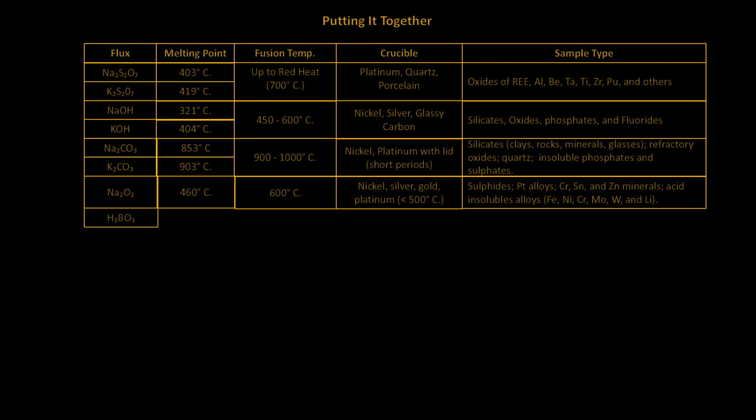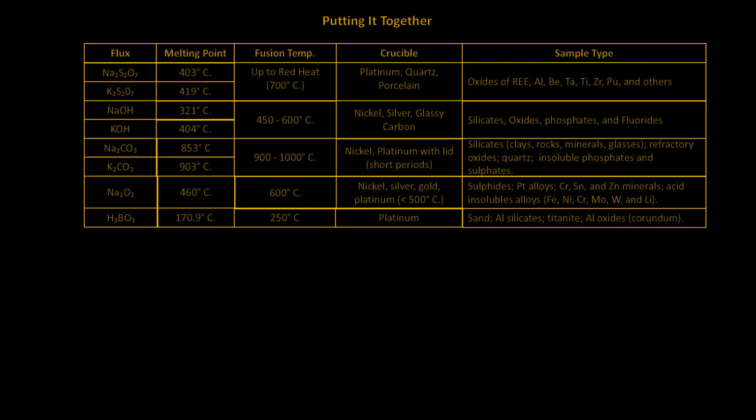Boric acid melts at 170 degrees centigrade and fuses at 250 degrees centigrade. Platinum crucibles are used to decompose sand, aluminum silicates, titanite, and natural aluminum oxide, such as corundum. Borax melts at 878 degrees and fuses between 1000 and 1200 degrees centigrade.